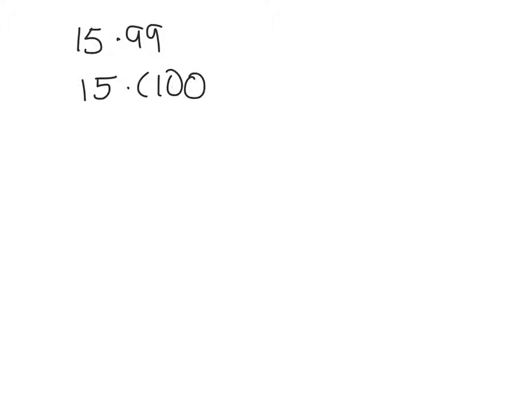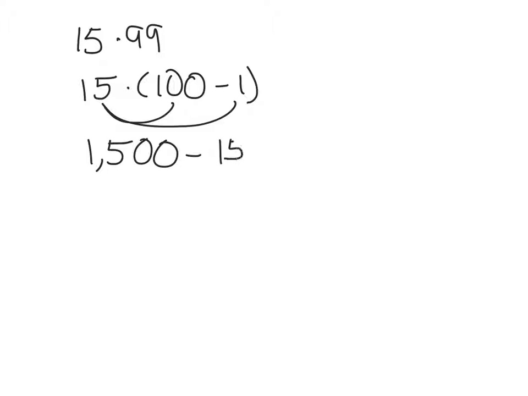100 minus 1. Okay? Both of those multiplication problems are much easier to do in your head. So if I took 15 times 100, I would get 1,500. And then 15 times 1, I would get 15.